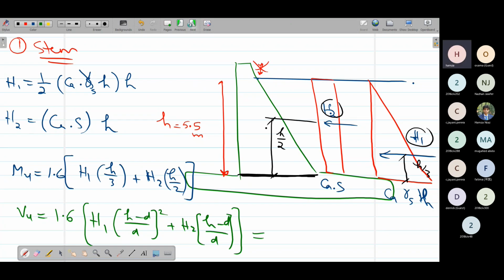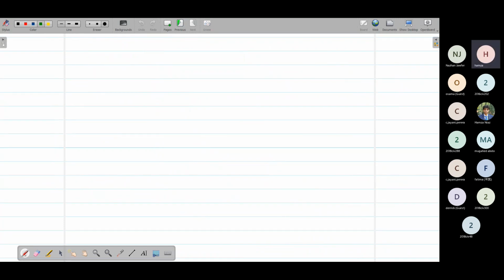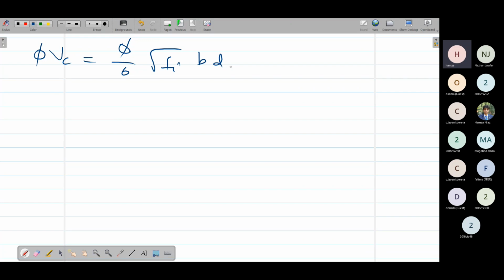Any issue in this? No, brother. All right. So we have calculated the applied shear. Now calculate the shear capacity, that is simply phi Vc. The formula is phi times 1/6 times root fc dash times b times d.